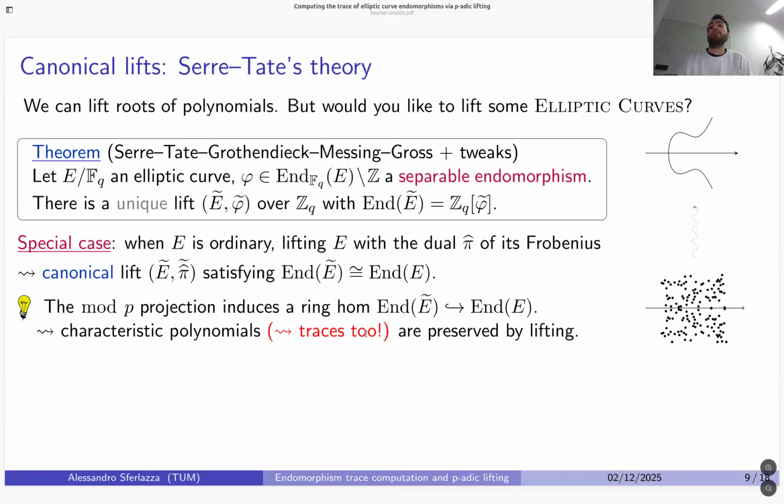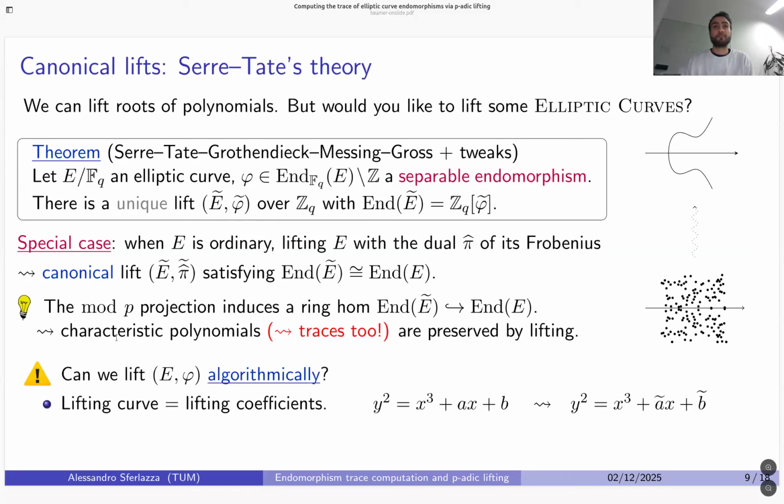And in particular, such an injection is a ring homomorphism again. So it preserves characteristic polynomials, it preserves traces. So basically, lifting such an endomorphism to characteristic 0, to the p-adics, gives us something with the same trace. That is what we wanted for our trace computation algorithm.